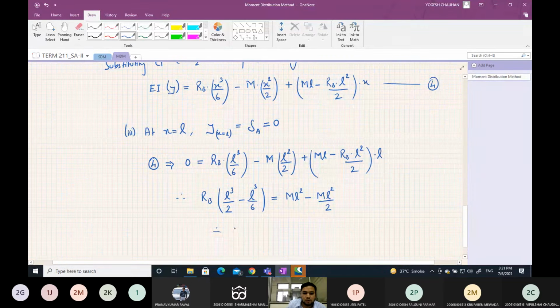So you will have RB times L cube by 3 equals to M L square by 2.